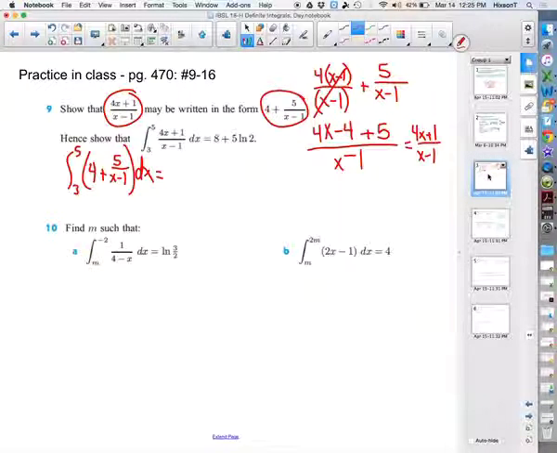So now we can integrate. We have the integral of 4, which is 4x, and then 5 over (x minus 1). That's just going to be a plus 5 times whatever the integral of 1 over (x minus 1) is. What's the integral of 1 over (x minus 1)?